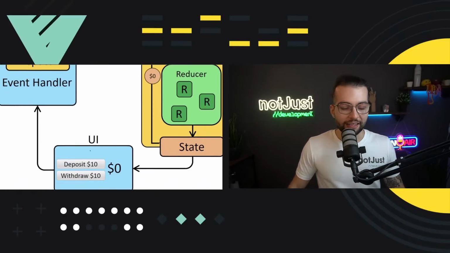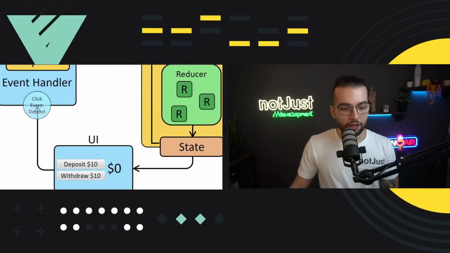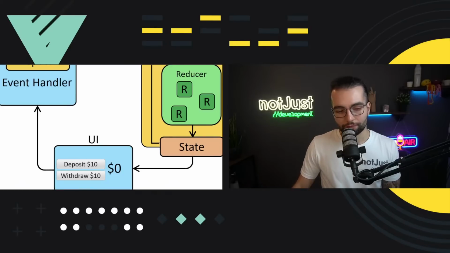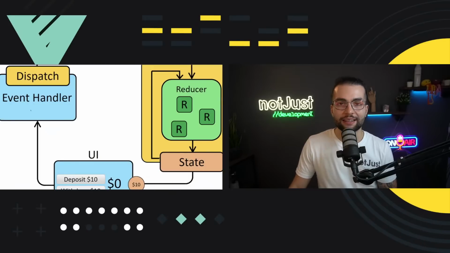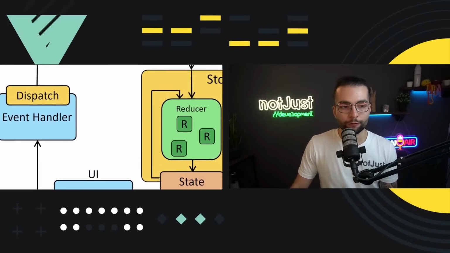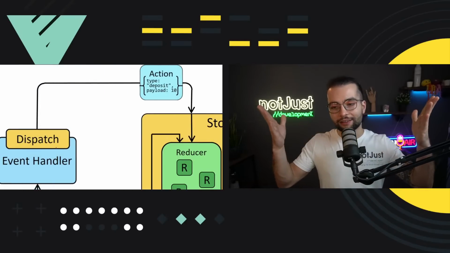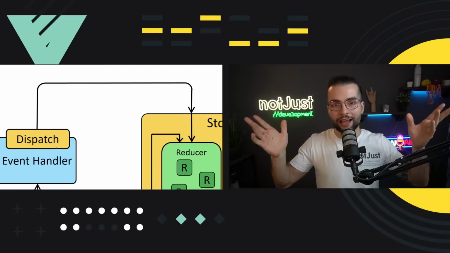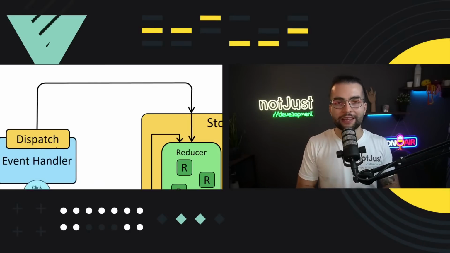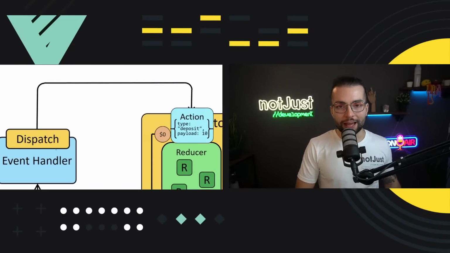Now, on the UI side, we have an example with depositing and withdrawing money from an account. For example, we have two buttons, deposit and withdraw. When we press on this button, we trigger an event handler, basically the on-press event. When we do that, what we want to do is basically send an event out there to the universe that, hey, an action happened. We are not changing anything at this moment. We are just informing the universe that something happened.